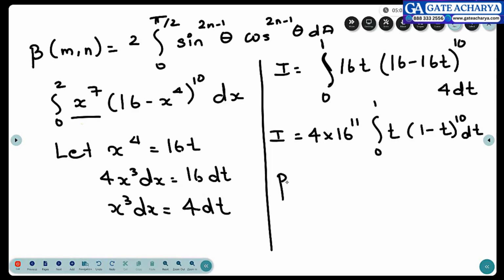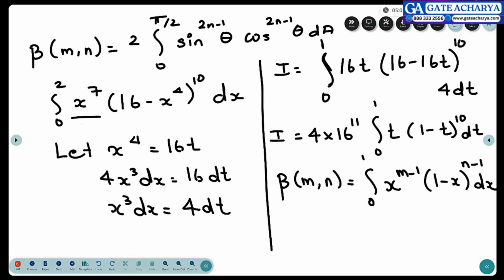Okay, guys, tell me the definition of the beta function of m comma n. It is the integral from 0 to 1 of x to the power of m minus 1 into (1 minus x) to the power of n minus 1 dx. Now here I have to do some adjustments.